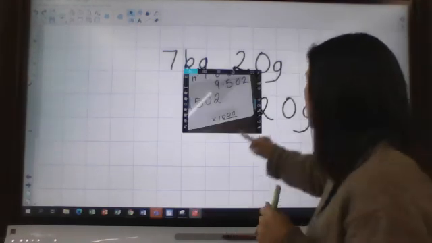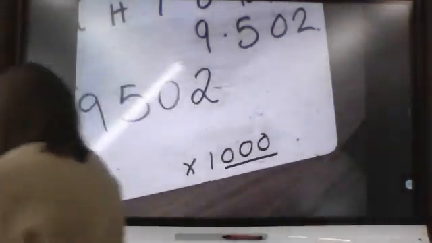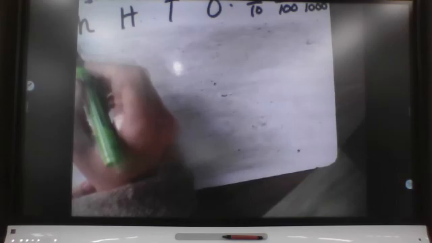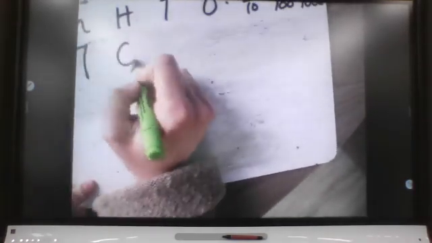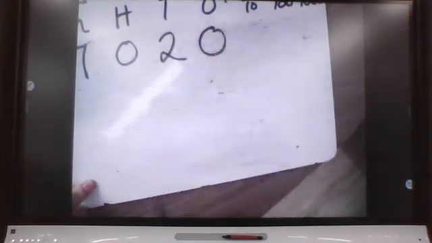If I show you that on the place value, you would have 7,020 grams.